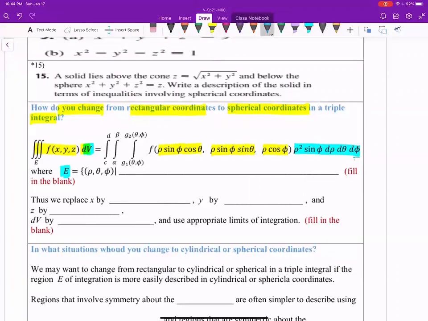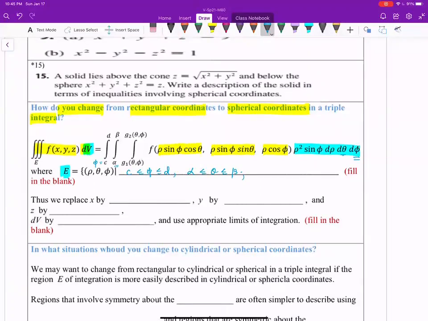Because the last differential is d phi, the first integral corresponds to the limits for phi. So phi lies between c and d, and theta lies between alpha and beta. The second integral is for theta, that is alpha to beta.